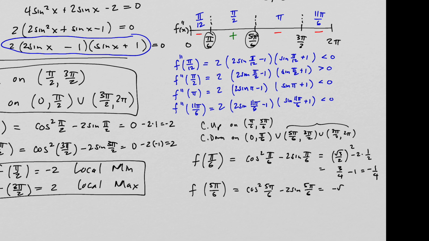And this is negative radical 3 over 2 squared minus 2 times 1/2. And that is 3/4 minus 1, which is, again, negative 1/4. And so those points are your inflection points.